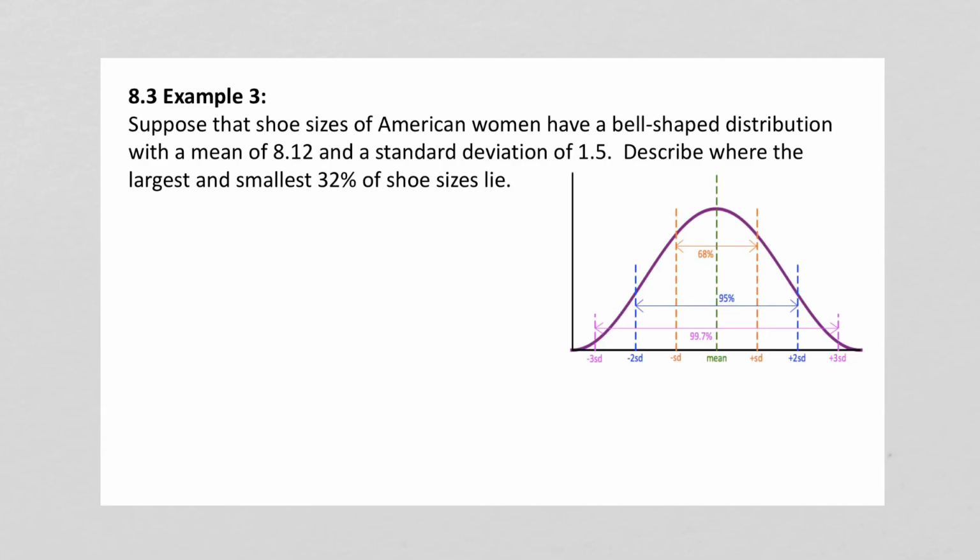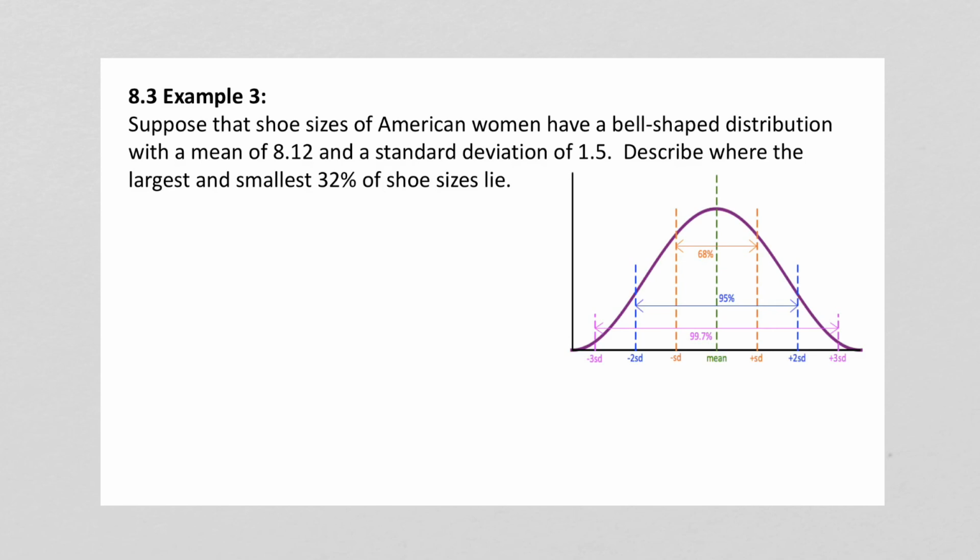Suppose that shoe sizes of American women have a bell-shaped distribution with a mean of 8.12 and a standard deviation of 1.5. Describe where the largest and smallest 32% of shoe sizes lie. Well, where would the largest and smallest 32% be?